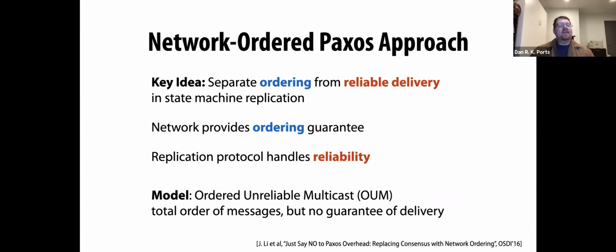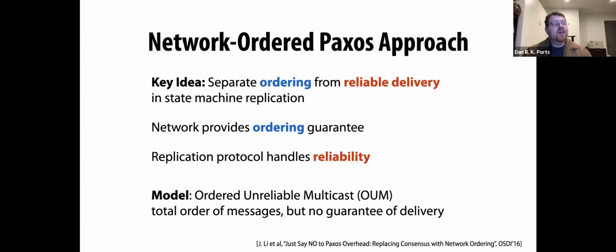The key idea in Network Ordered Paxos is to think about the ordering property and the reliability property separately: we can build a network that provides ordering, and that will help us build a faster system, but leaves reliability to the application. And that makes sense because we've known for a long time that it's hard or impossible to build a completely fault-tolerant network.